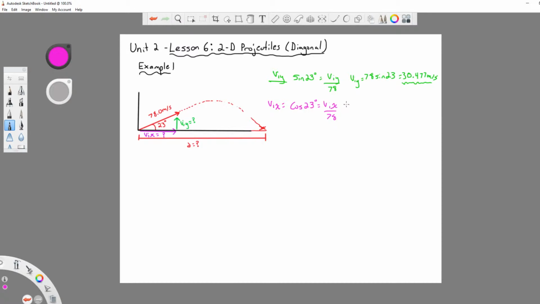And so we have VIX equal to 78 cos 23, which works out to 71.8 meters per second. Okay, which makes sense because this thing is traveling more horizontal to the x-axis than it is closer to the y-axis, right? So we'd imagine more speed to be along this horizontal long side.